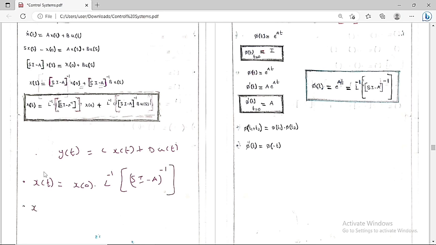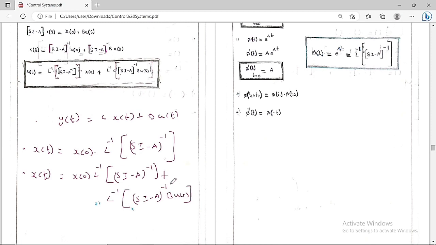For forced response, x of t is equal to x of 0 into Laplace inverse of (sI minus A) inverse plus Laplace inverse of (sI minus A) inverse into B into U of s. These formulas you always have to keep in mind. This is the extra factor that we have to add for the forced response.